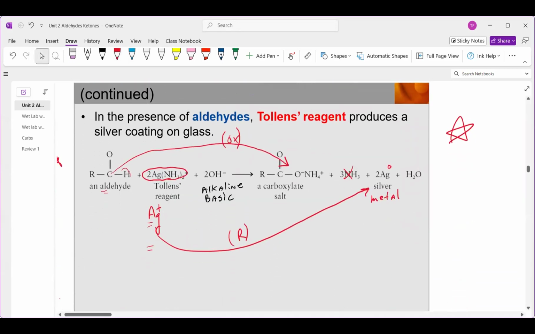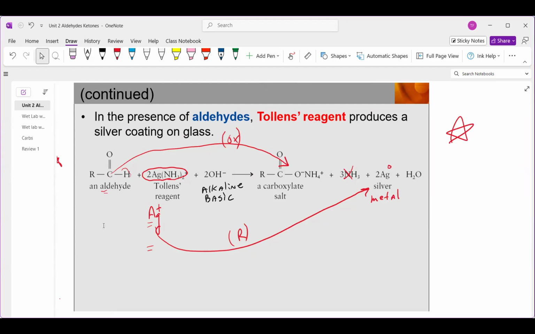Now, another test for aldehydes is something called a Tollens test. You're going to need to know this reaction. We're going to use it in the carb section as well as this section. So, we have an aldehyde. We throw in Tollens reagent.